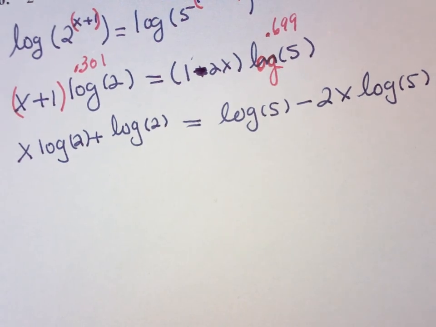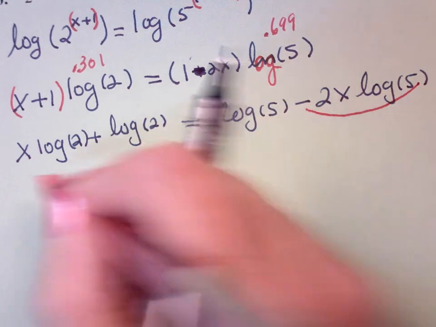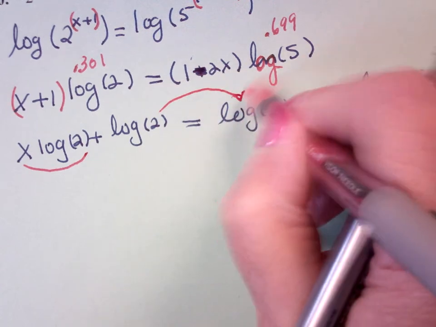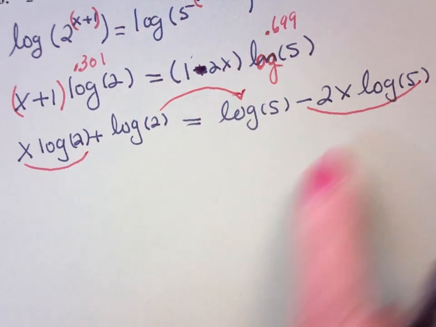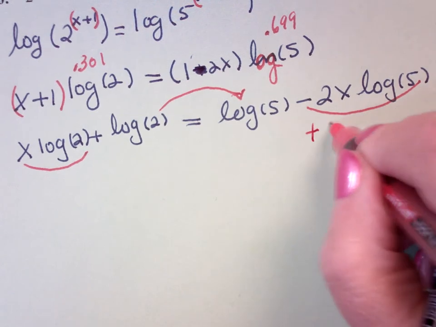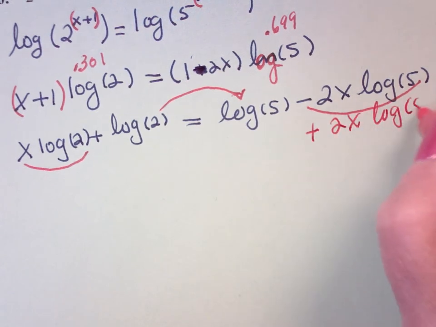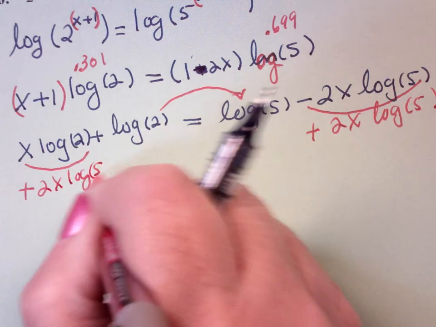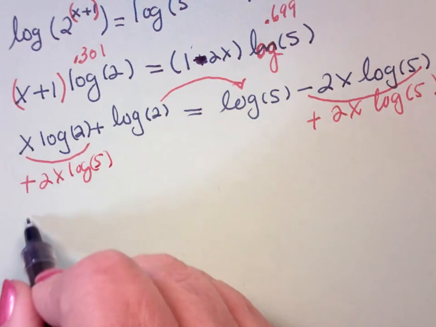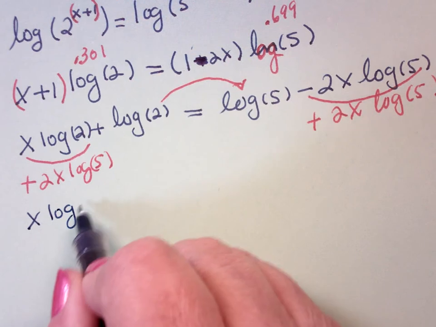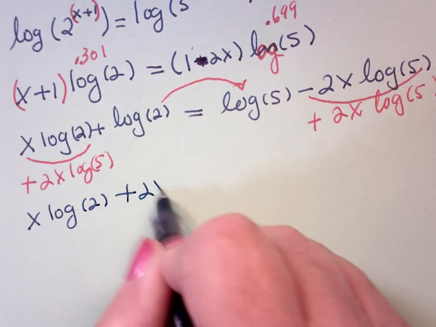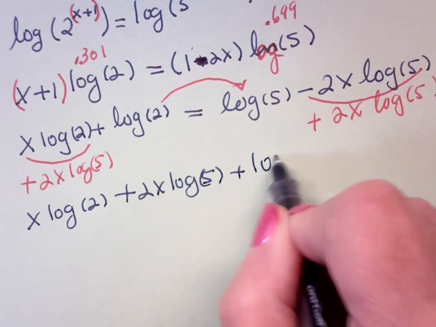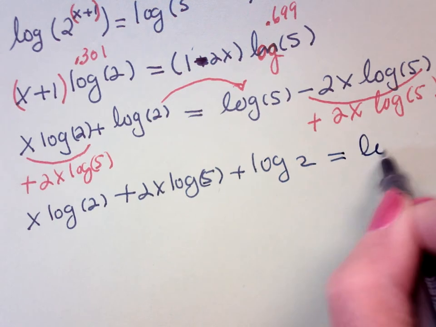You got to get everything that's got a term that's got an x in it, and that's these two guys, together on one side, and everything that doesn't on the other. So I'm going to add 2x log of 5 to both sides. So I'm going to get x log of 2 plus 2x log of 5 plus log of 2 equals the log of 5.